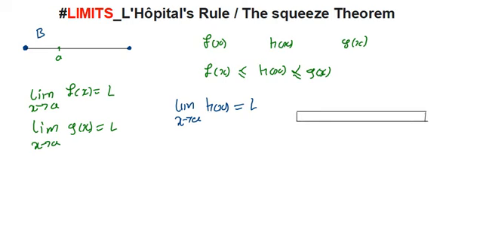Let me divide this into three parts. At this point I put my f of x, then at this point I put my h of x, and at this point I put my g of x.